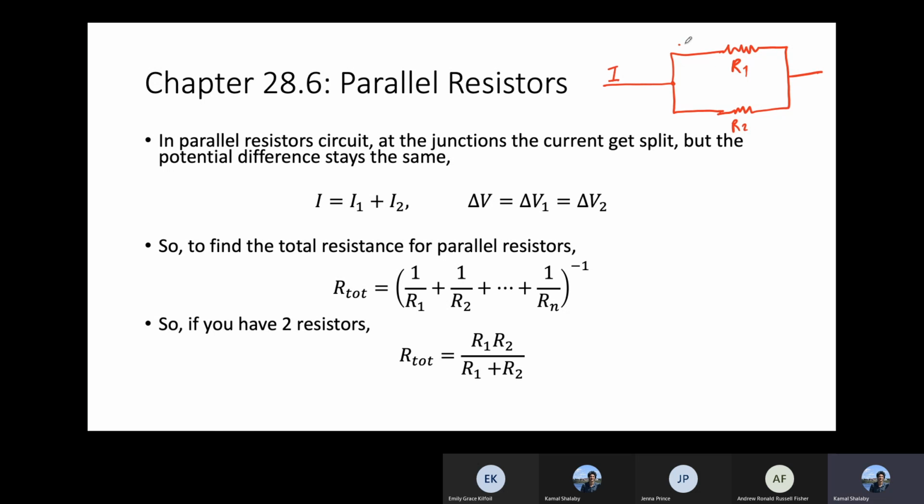If this is I, we would have I1, and here we'll have I2. So I is equal to I1 plus I2.